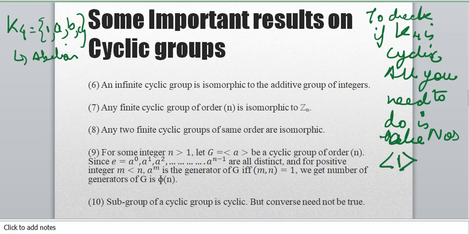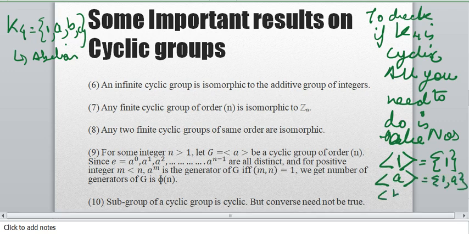Let's find subgroups. So 1, of course the subgroup of 1 will be 1 only. Now the next one is a. What can be generated? 1, a. Next one is b. What can be generated? 1, b. Next is c. What can be generated? 1, c.